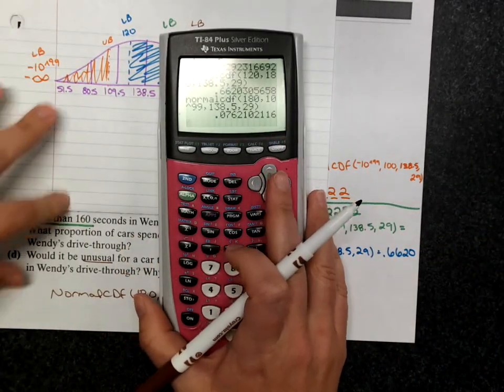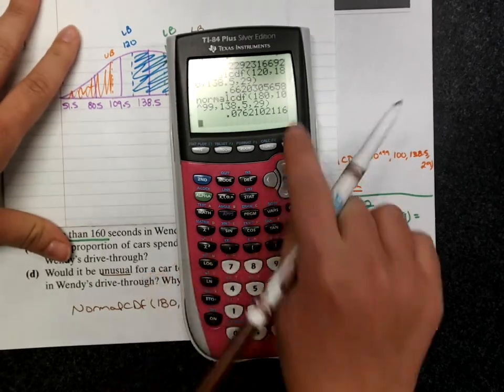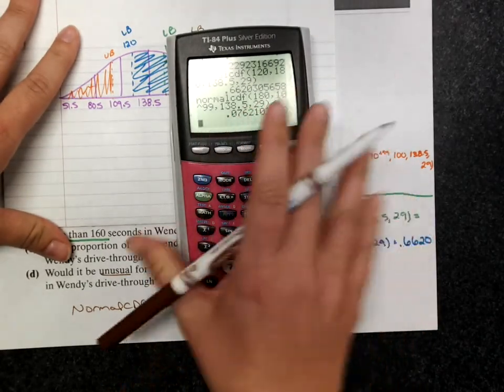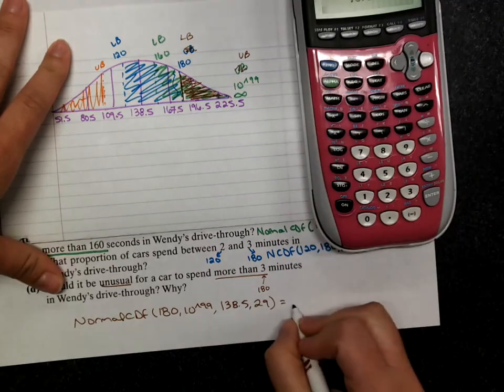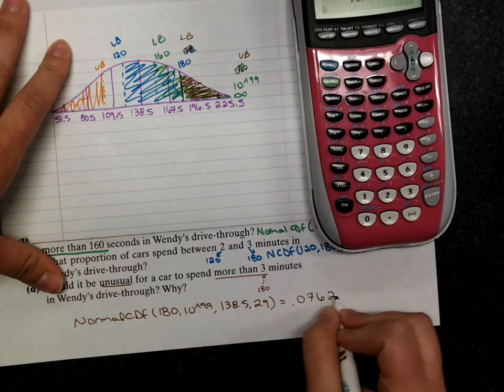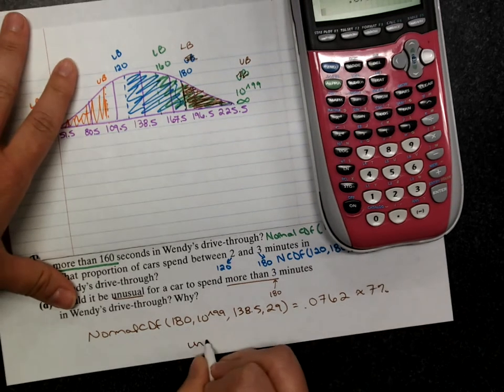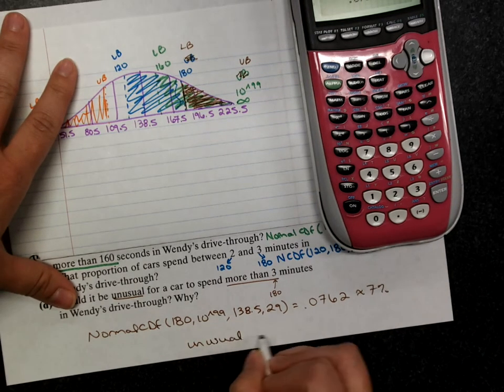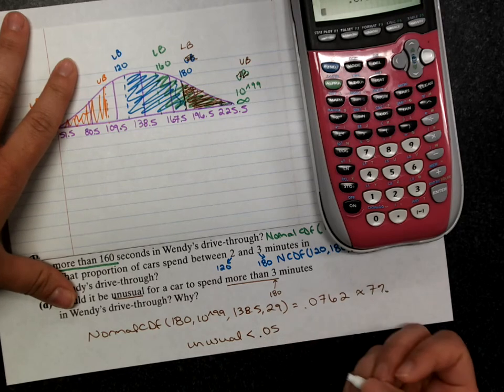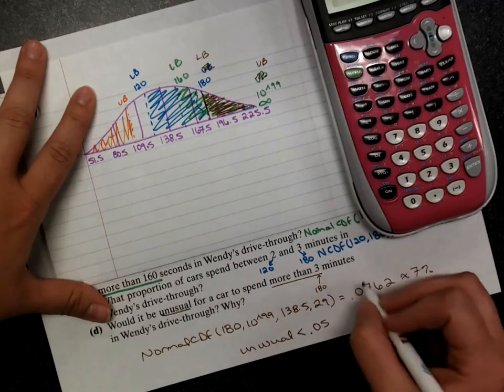Got 0.0762. Let me make sure, 180 to infinity. There we go. So we get 0.0762, which is about 7%. Remember, unusual is when it's less than 0.05 or less than 5%. So is this unusual?